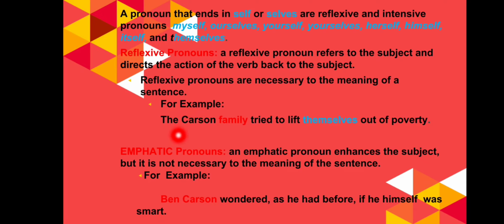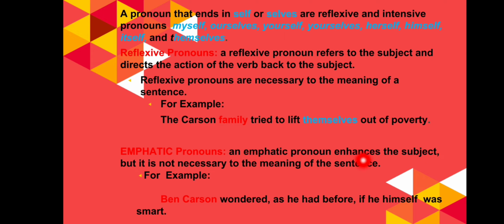For example, the Carlin family tried to lift themselves out of poverty. The Carlin family, yes, and themselves is talking about the Carlin family itself. So this is an example of a reflexive pronoun because the word themselves is reflecting back to the subject. Next is the emphatic pronoun.